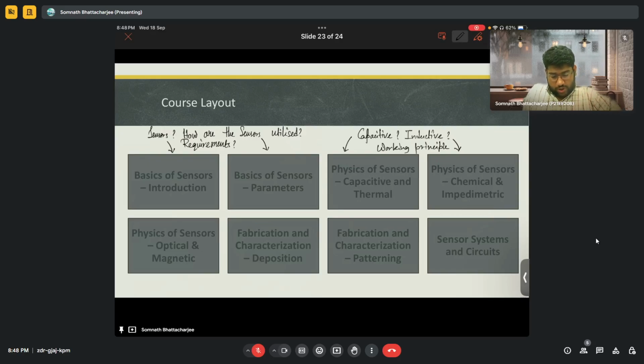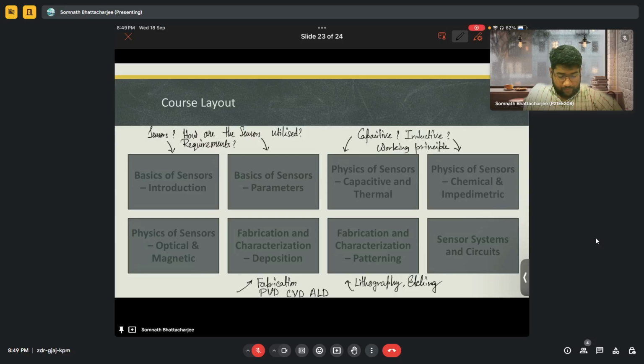In the last portion here, we have learned how to fabricate these sensors using PVD deposition techniques, CVD deposition techniques, ALD deposition techniques, and how to pattern them using lithography techniques, and how to etch your sensor.